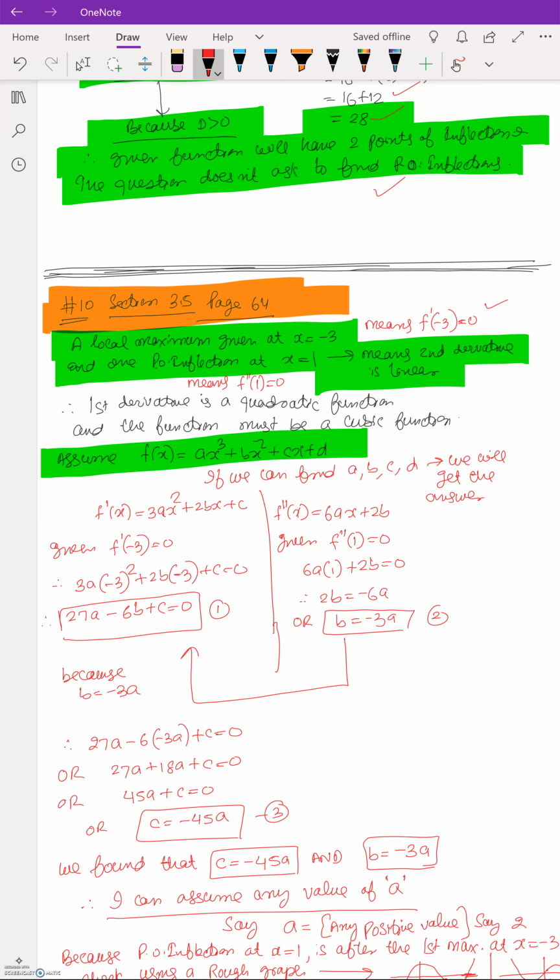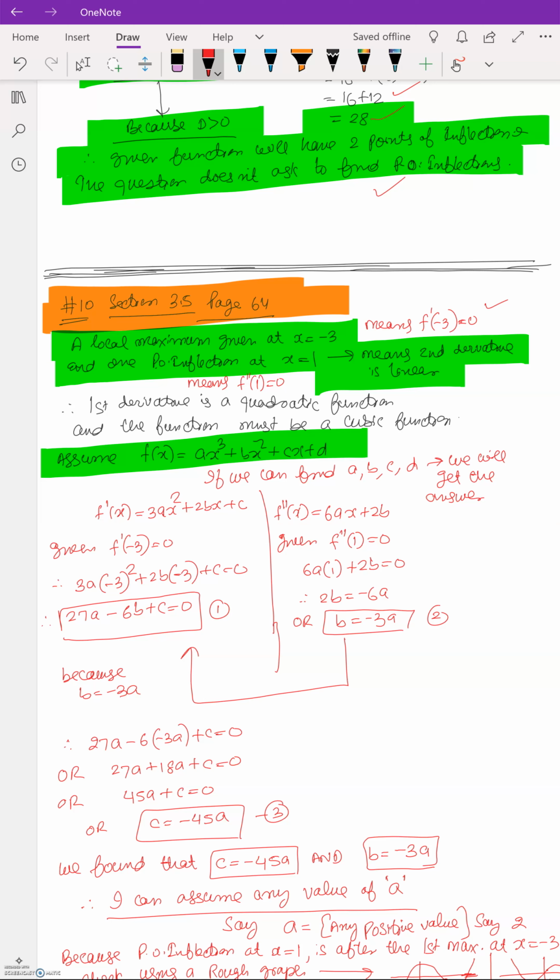That means f prime of -3 will be 0 because there's a turning point. And there's a point of inflection at x equal to 1. That means the second derivative at 1 has to be 0. Remember, it doesn't say how many points of inflection this function has. So I assume the question says there's only one point of inflection and only one local max point.